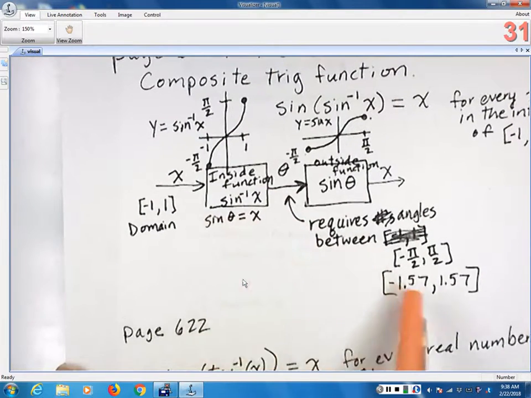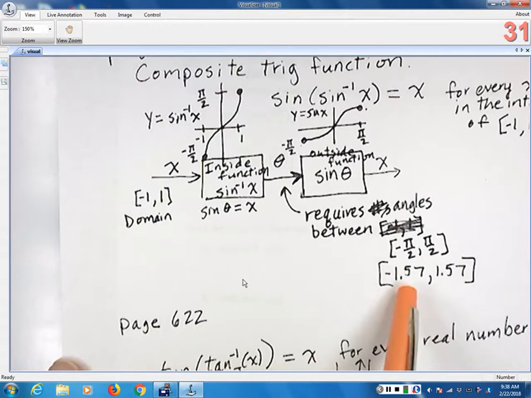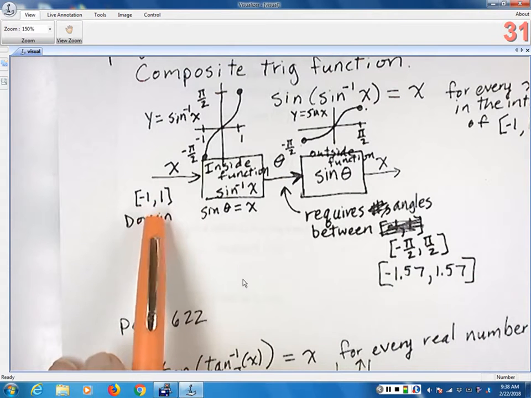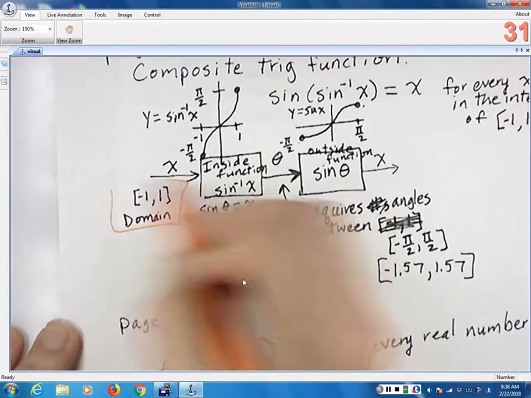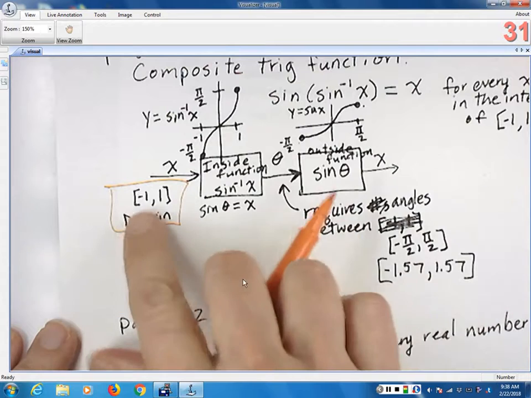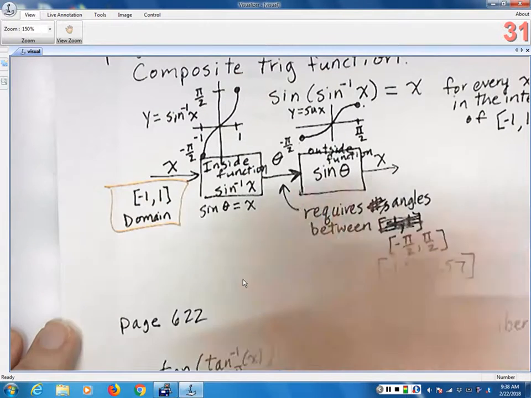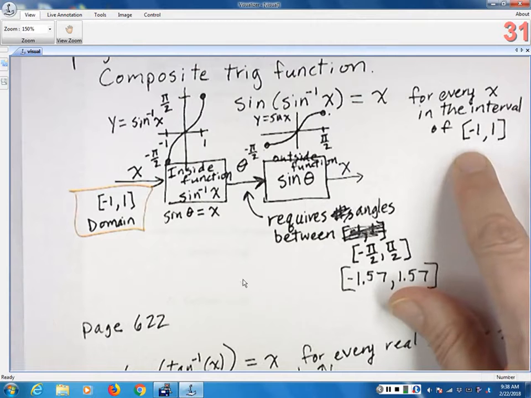So these are the restrictions here. We have to use these restrictions and these restrictions together, and this is the most restrictive. So this doesn't matter because it's more than those. So you have to have these restrictions.